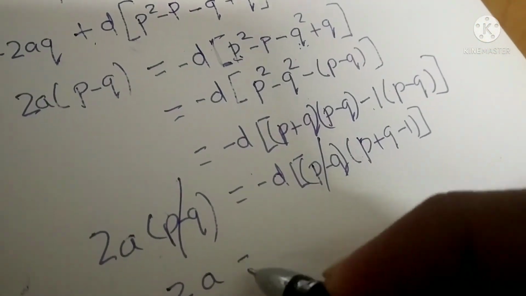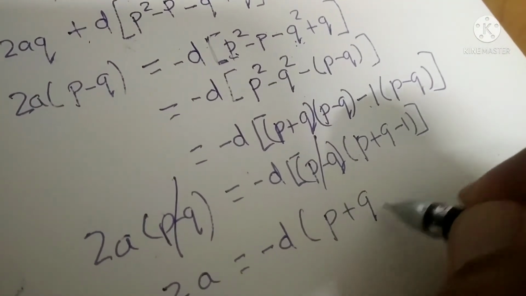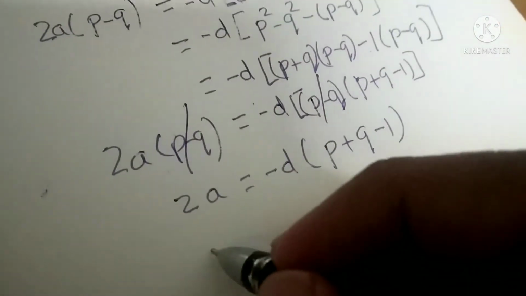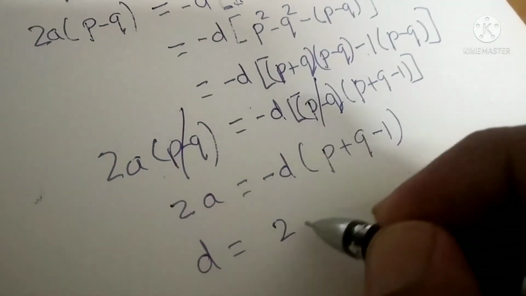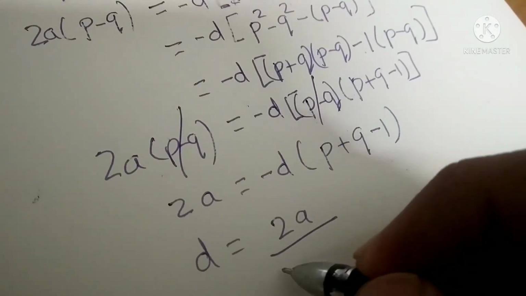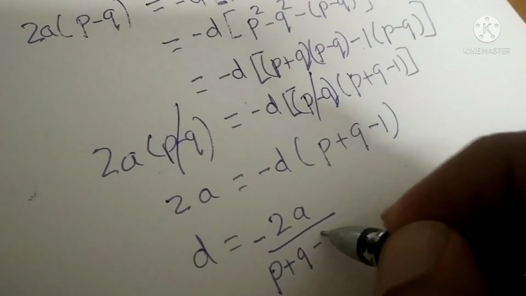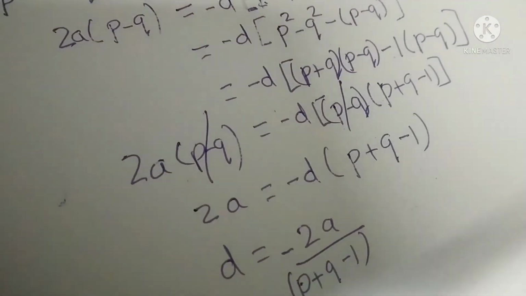So 2a is equal to minus d into p plus q minus 1. So d is equal to minus 2a divided by p plus q minus 1. So d आ गया हमारा ये, ठीक है.